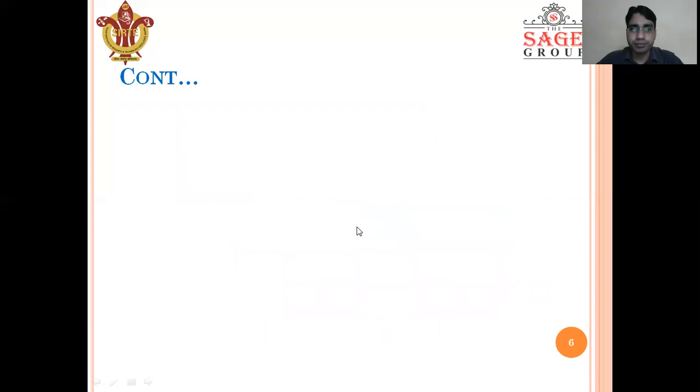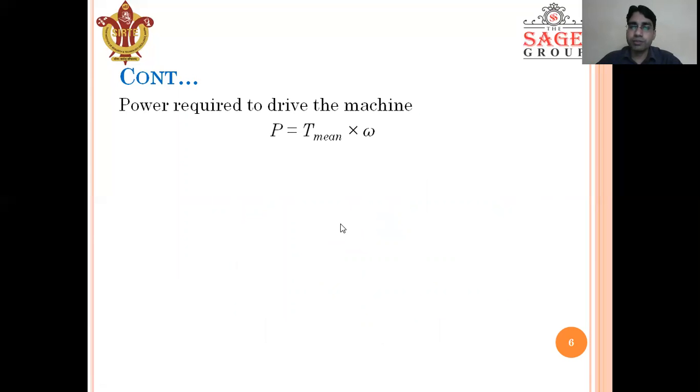Now first we calculate the power required to drive the machine, which is T mean into omega. We have already calculated the value of omega, so we put in omega and the value of T mean. Then the power is equal to 49.125 kilowatt.